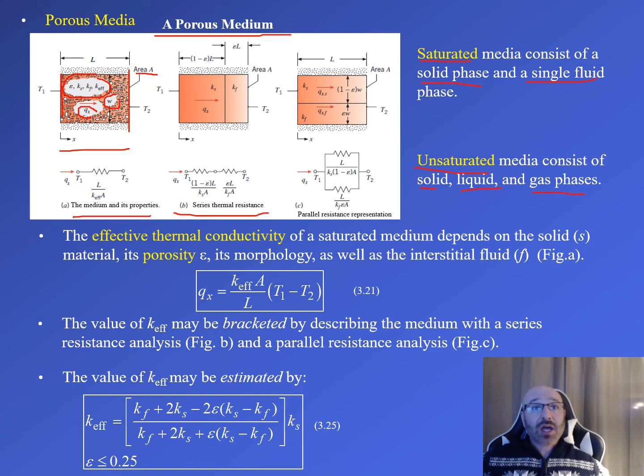Let's take a look at a series thermal resistance here. Again, we have the properties associated with this first part, where the thickness up here is given by this distance relationship, 1 minus epsilon times the length L. And L, from our first diagram showing the medium itself and its properties, is the total thickness of the entire medium.